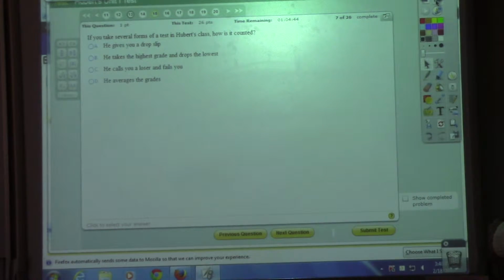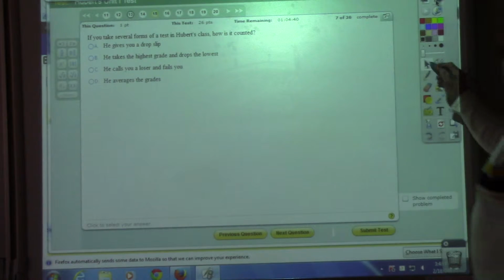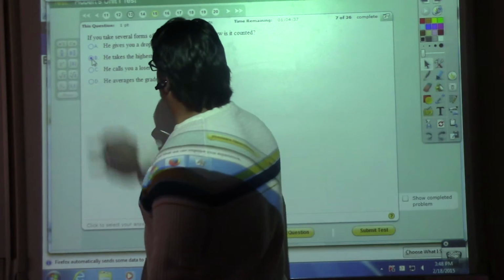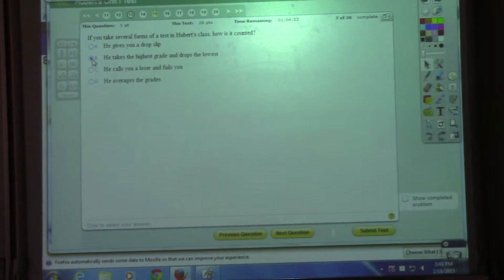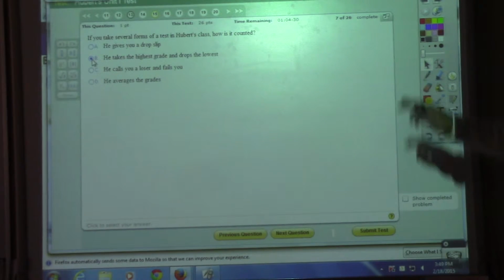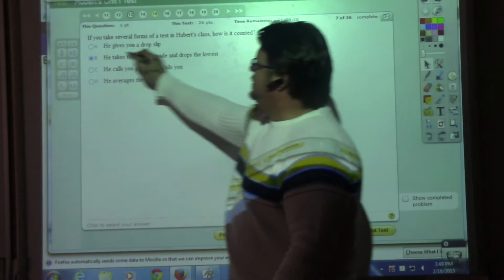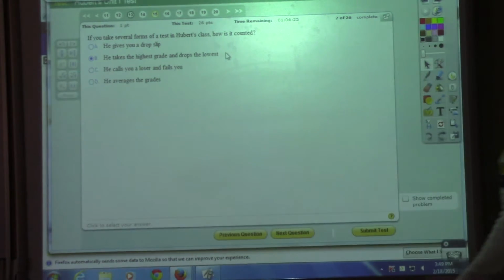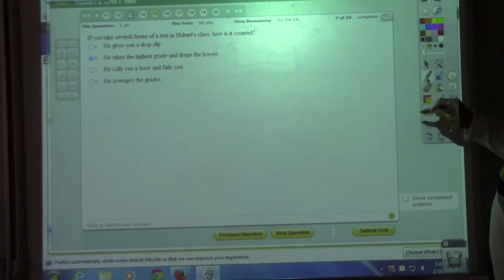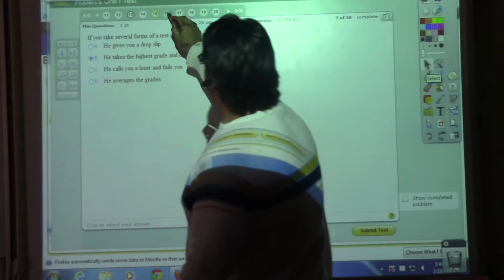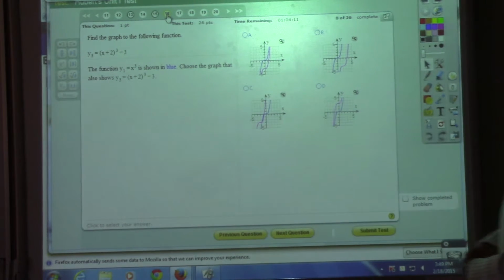Takes the highest grade and drops the lowest. You know, I call you a loser and fail you. Averages the grade. Yep, I average it. That's what the handout says, doesn't it? No, the handout says takes the highest grade. Then why did you say yes when I said average? I was being facetious. I don't know my own rules. Okay, I'm sorry. It says it on the handout.